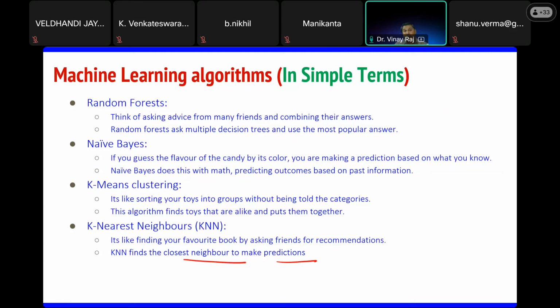Friend 1 might give me one book, friend 2 might give me another book, friend 3 might give me another book. But whose recommendation should I consider? The KNN algorithm helps me identify the nearest neighbor, the one who has similar characteristics to me, so that I can consider his recommendation.